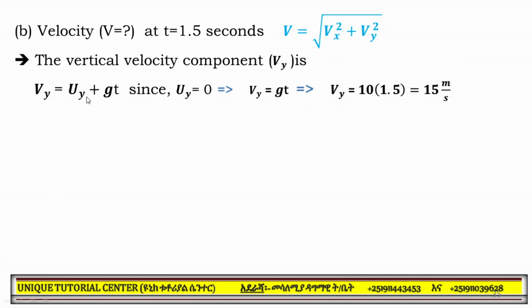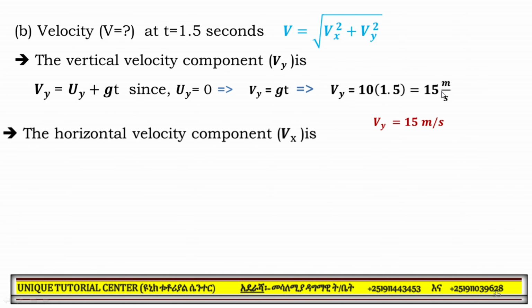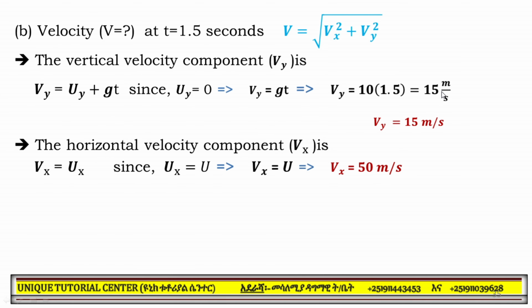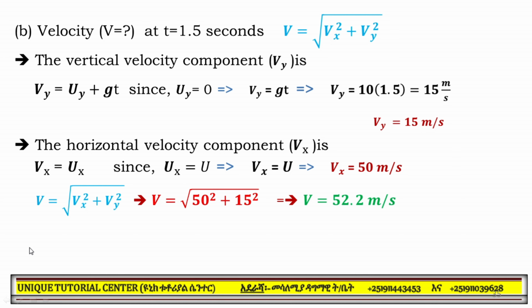We know it is uy plus gt, and uy is 0, so just gt. Since it is 1.5 seconds, 10 times 1.5 gives us 15 meters per second. This is the vertical velocity just after 1.5 seconds. The horizontal velocity remains constant. vx is ux, which is u, so 50 meters per second.